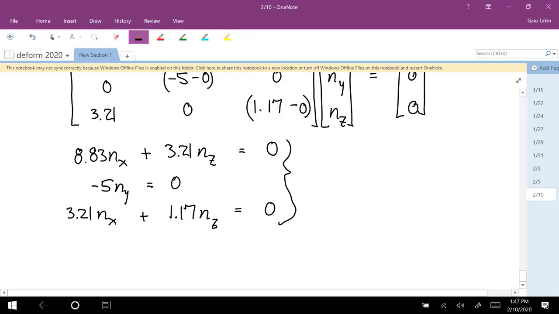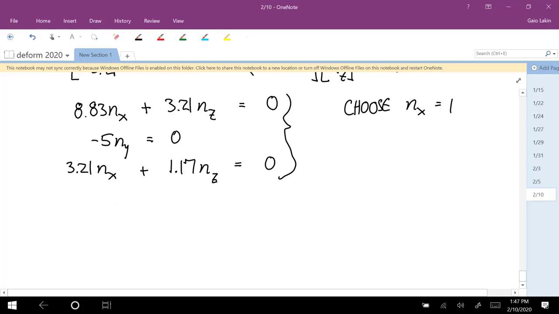So what does this tell us? Let's say that for now, let's choose nx equals 1. What does that tell us about nz? So we have 8.83 times 1 plus 3.21 nz is equal to 0.